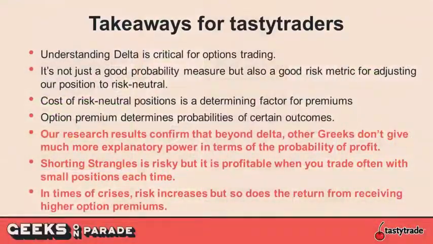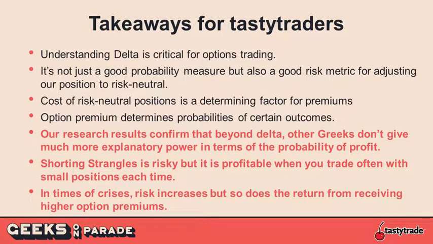Okay? I'm going to leave you with a couple more takeaways here. Understanding delta is really critical. It's not just a good probability measure, but also a good risk metric for adjusting your option position to delta neutral. So risk neutrality is achieved by adjusting your delta position. The cost of that risk neutral position is really a determining factor for premiums.